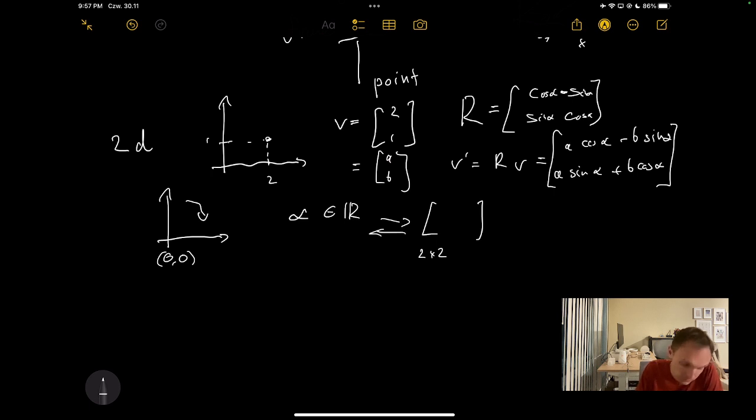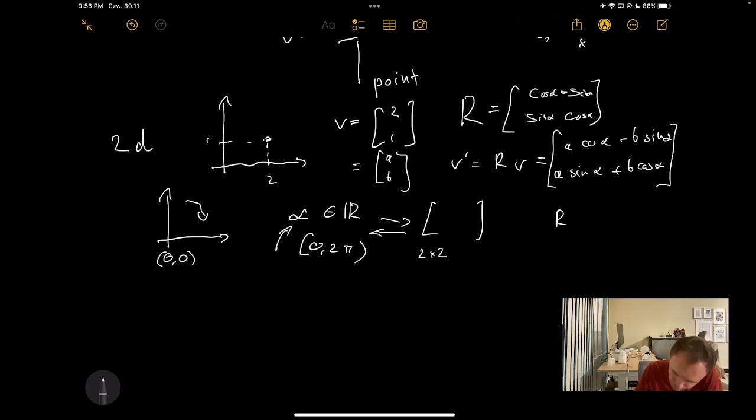Well, it's not really R, it wraps at some point, but there's a clear mapping between those. So we can efficiently encode all the information about the rotation in just this one number.